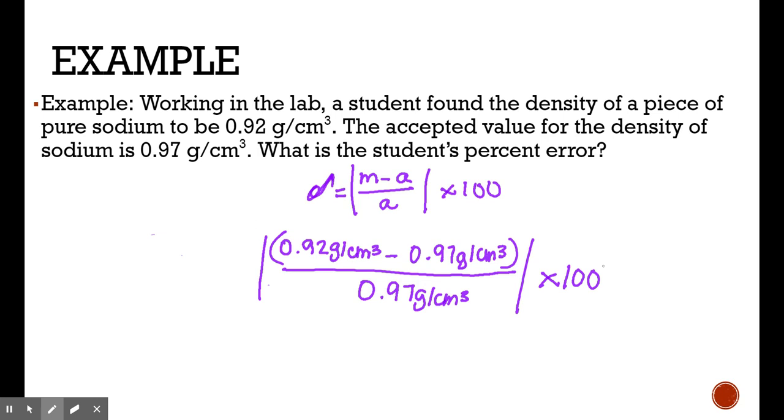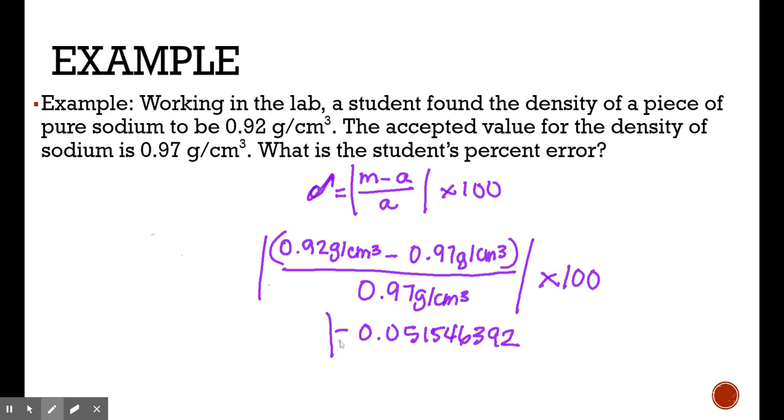So when I do that, when you do this part, you should get negative 0.051546392. So in our other problems, we didn't really have to worry about significant figures because they only had a certain number of digits.